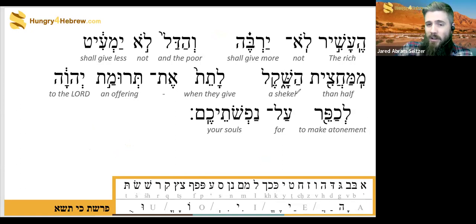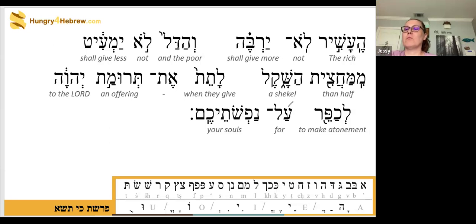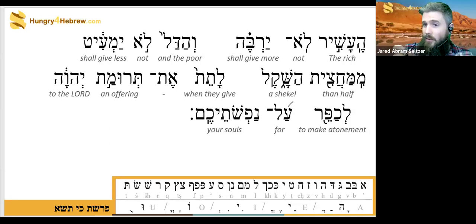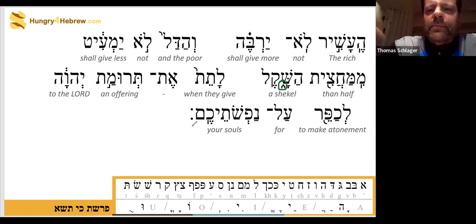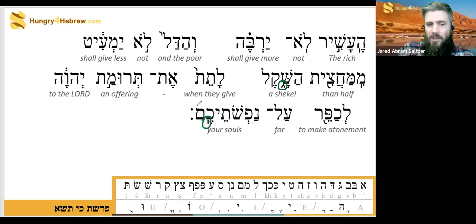So by changing this from shekel to shakel, it's telling everybody in the room, comma, pause. We just reached a breaking point. Pausal form can show up at the end of the verse, in the middle of the verse, and sometimes even under this guy right here, which is called a katon, that tells you you've reached the end of a complete thought.